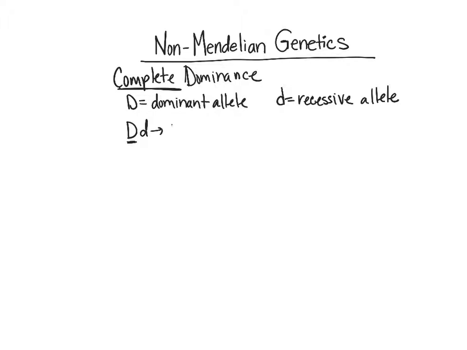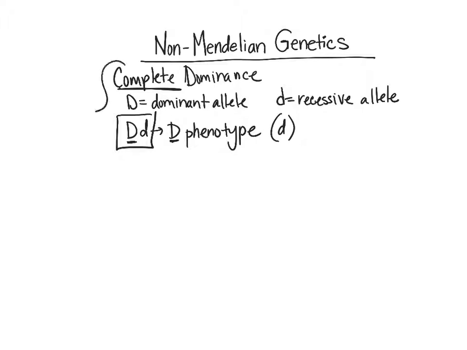So if we had the heterozygote, which is the big D, little d in this case, the big D would be the phenotype, whatever big D stood for. And then we wouldn't see any of whatever the little d coded for, whatever the physical characteristic of the little d would be. So this right here, complete dominance, would be Mendelian genetics.